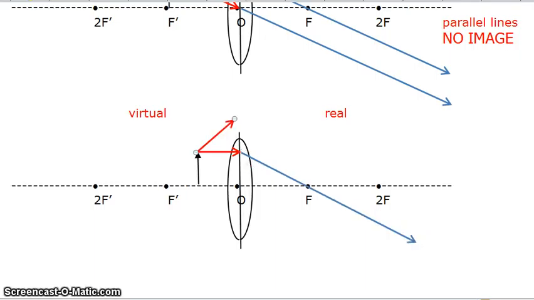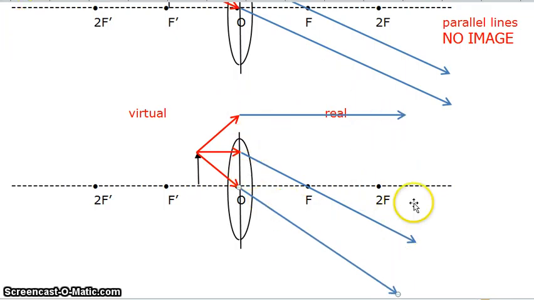Then, this is the weird one. We're actually lining up with the virtual focal point, but instead of drawing down towards it, we draw up towards the lens. That gets reflected or refracted parallel. And then as always, we have the one that goes through the optical center and just keeps on trucking.